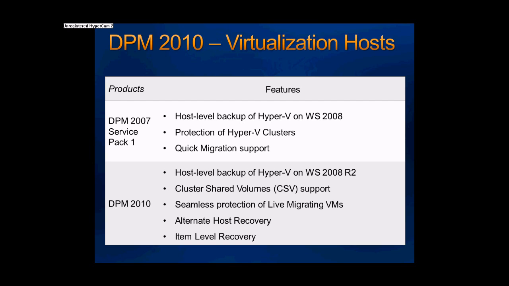So you no longer need to restore the whole virtual machine in order to retrieve the file or folder which resides on the virtual machine. This is a very cool and very good feature. But in order to do item level recovery, you need to install the Hyper-V role on the DPM server.